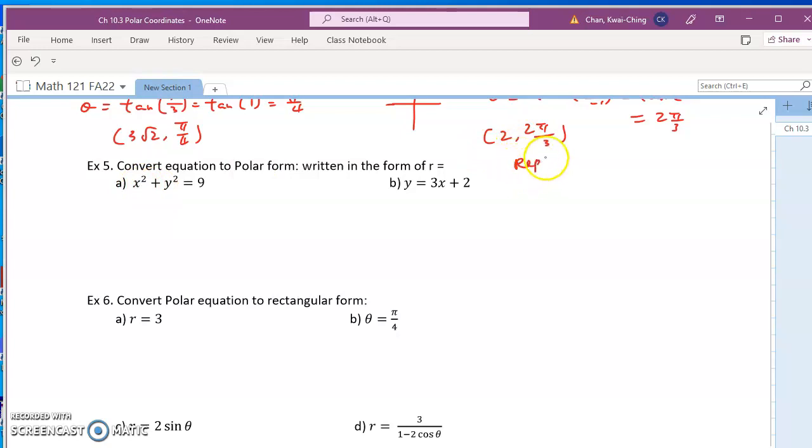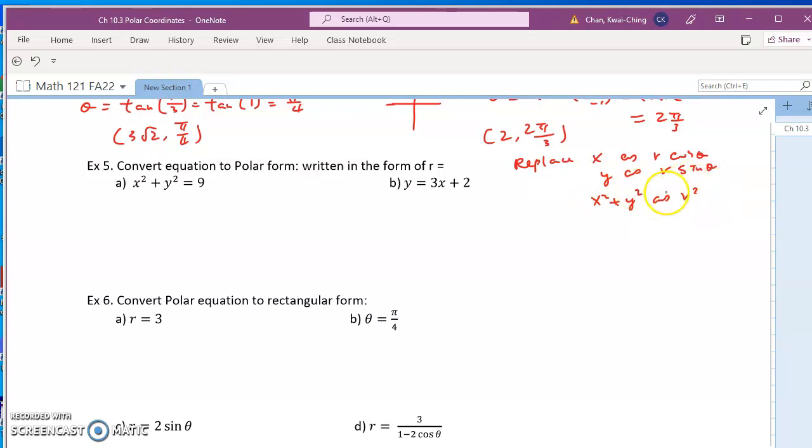Let me write it here. Replace x by r cosine theta. Replace y by r sine theta, and then replace any x squared plus y squared with r squared.